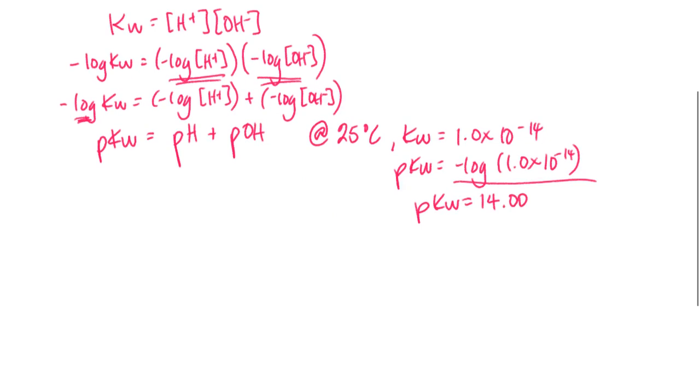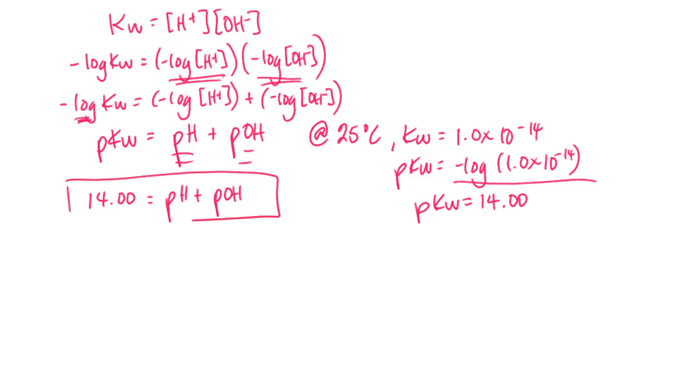So that means that if I have either the pH or the pOH, then I should be able to find the missing value using this equation. So if I'm given a pH, and if I want to find the pOH, then I would take the pH and subtract it from 14.